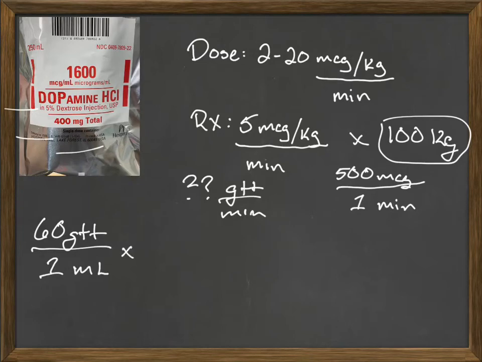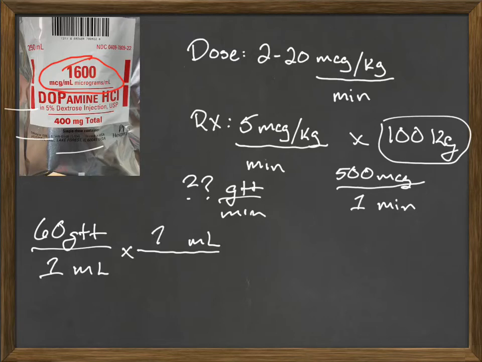And we know that we need to get rid of milliliters. So something on the top here to get rid of milliliters. And if we look at our concentration, we'll see that our concentration is 1600 micrograms per milliliter.